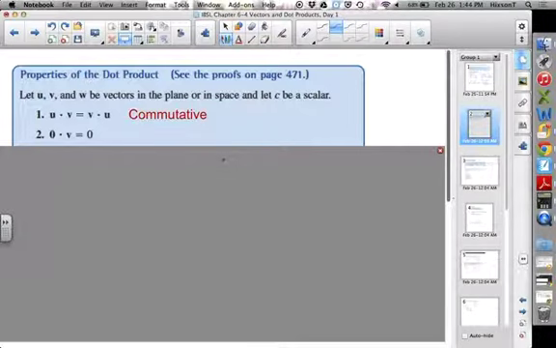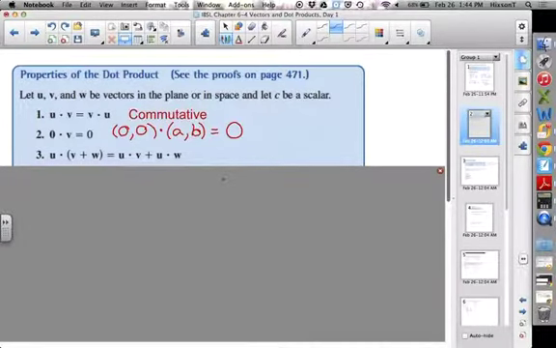Okay, so note here the zero vector would be 0, 0. If I dot that with any vector AB, I'm going to get a scalar 0. Okay, it's a little hard to tell, but this is bold 0 there. That's the zero vector. Alright, so that's an easy one there.